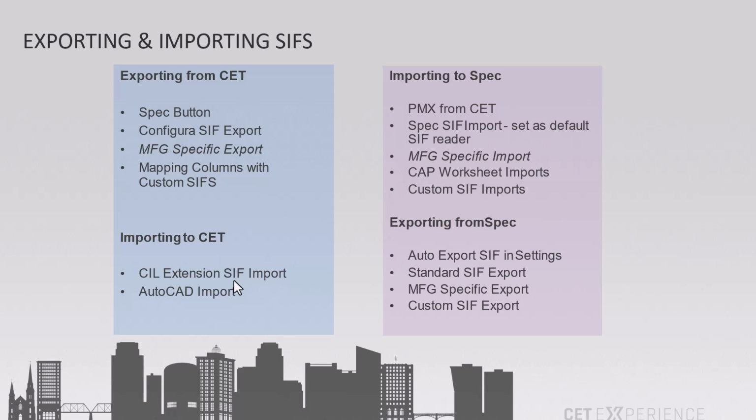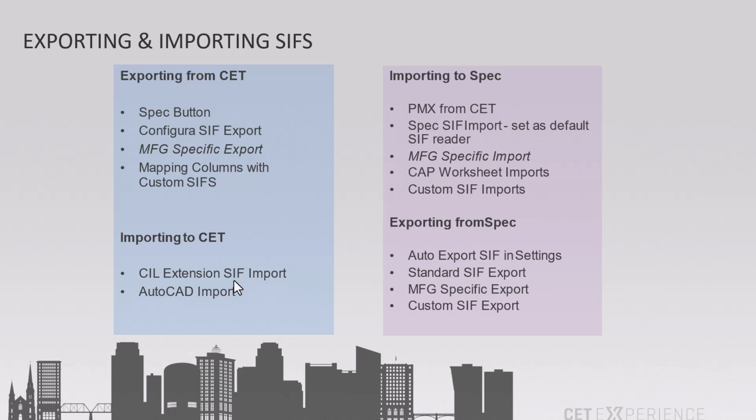Exporting from Spec, we do have our auto export CIF in our Spec settings. So there is no actual need to export a CIF once you are done with a project, as it will save a PMX file or CIF in its entirety as the BOM or parts list automatically.